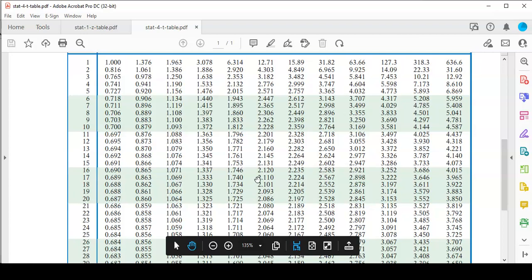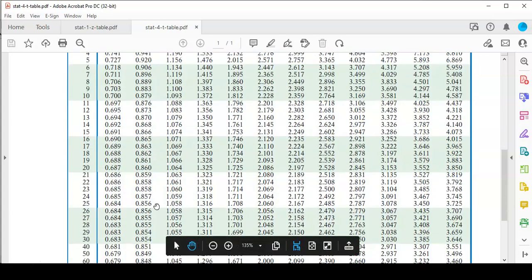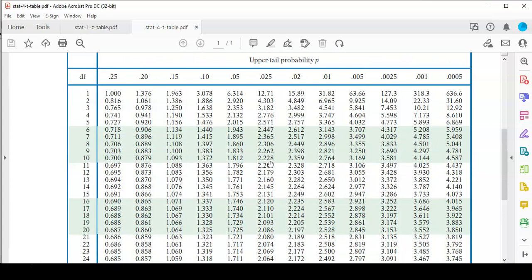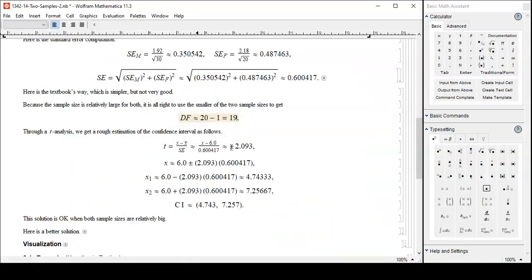And then what do you get? You get 2.093. Yeah. So 2.093, and then use that as your t-score.